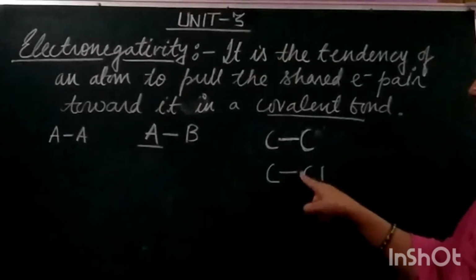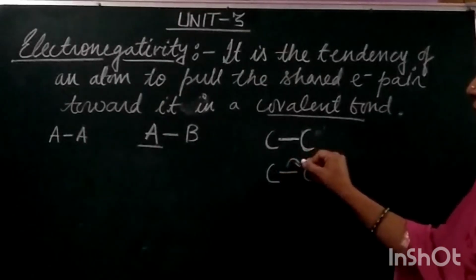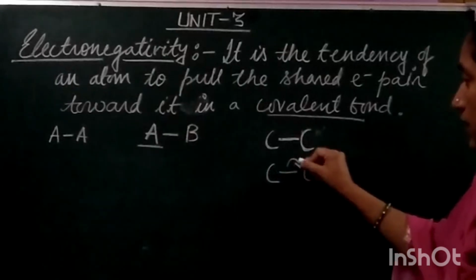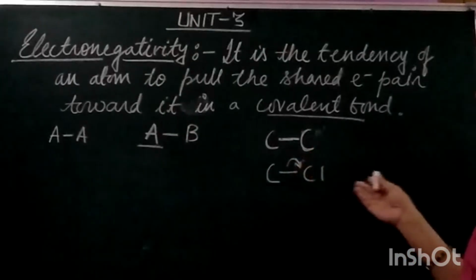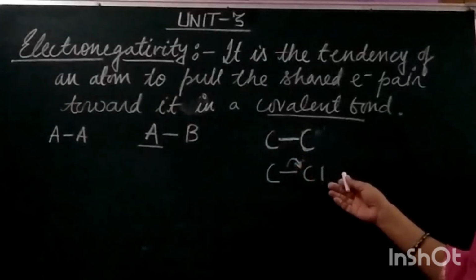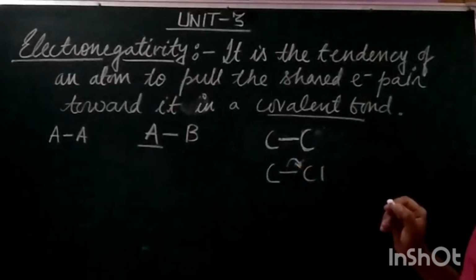So here the shared electron pair will be tilted more toward the halogen, that is the chlorine atom, which is comparatively smaller and has greater nuclear charge, right?